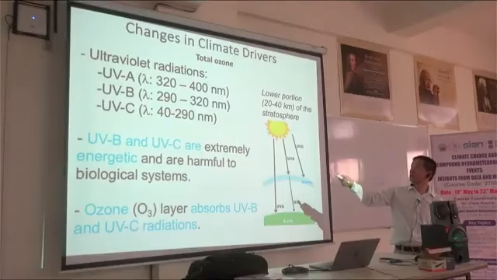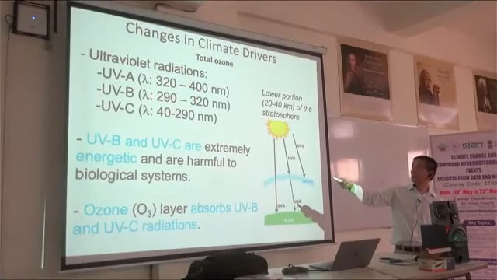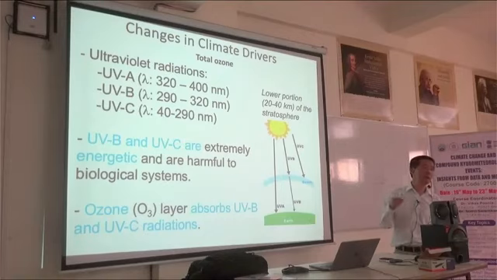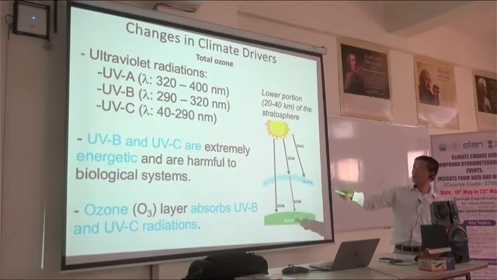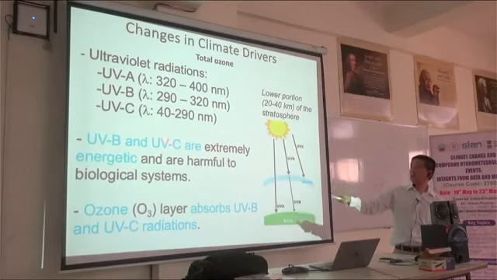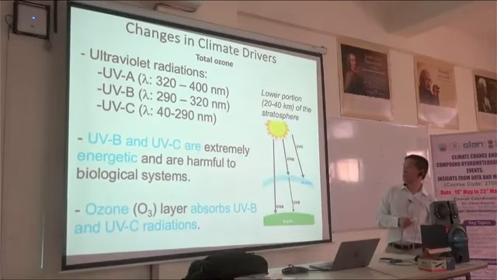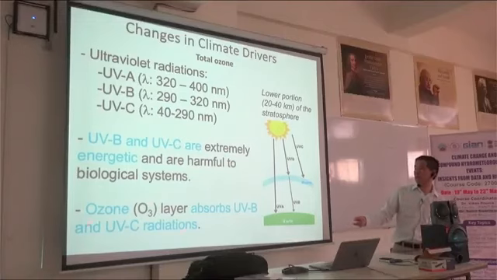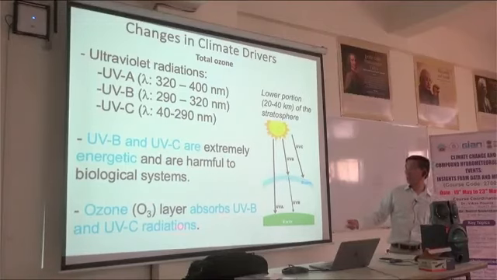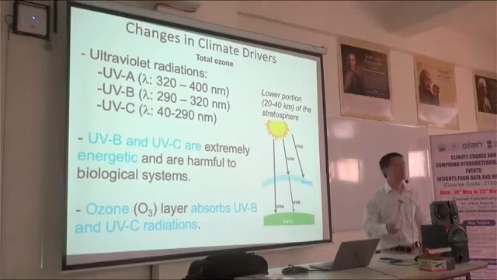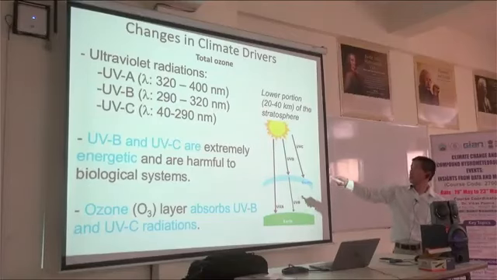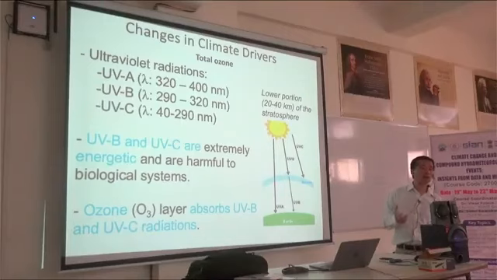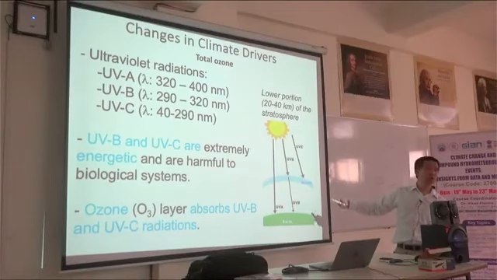They have different wavelengths, and basically the shorter the wavelength, the more energetic they are. UVB and UVC are the really dangerous ones, very energetic. Ozone can block most of the UVB and UVC. Only UVA can go through, which is less energetic and less harmful for us. So that's why the stratospheric ozone is very important.